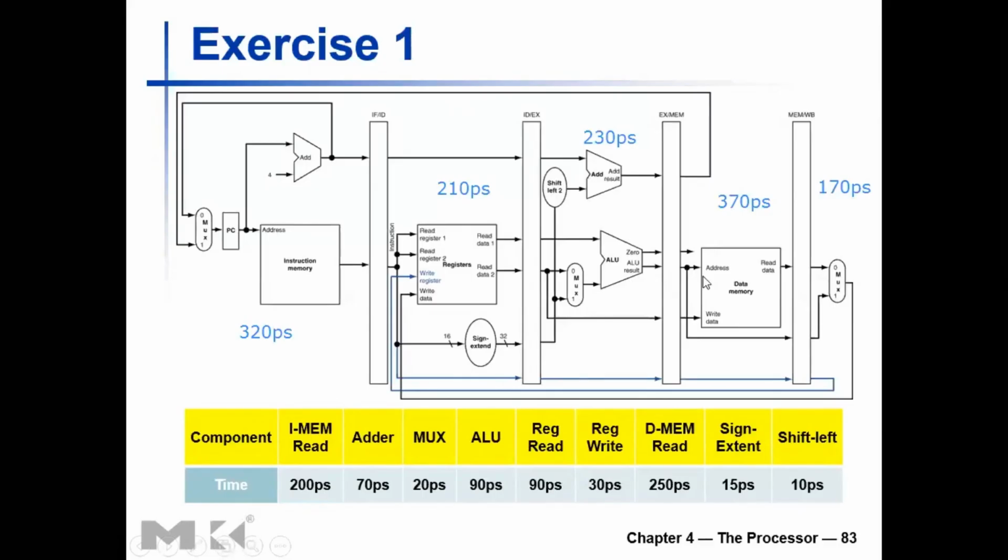Register reading and writing time is very small compared to what the data memory is consuming. So that is the dominant part. So how do you improve data memory access time is what you have to look into to answer that question, right?